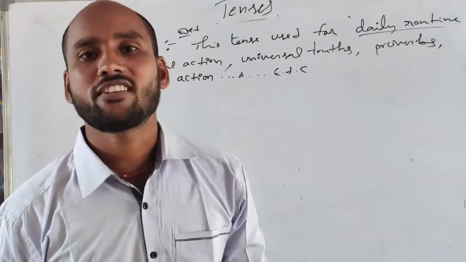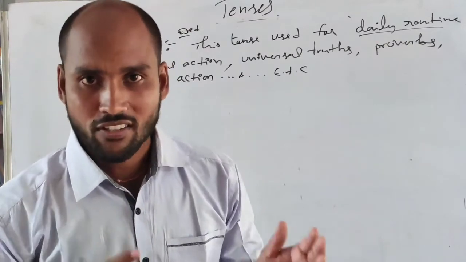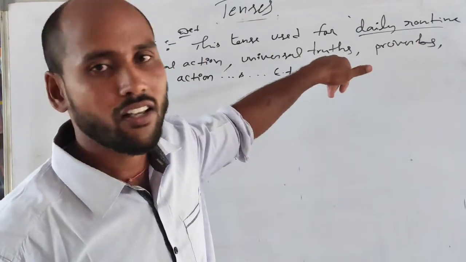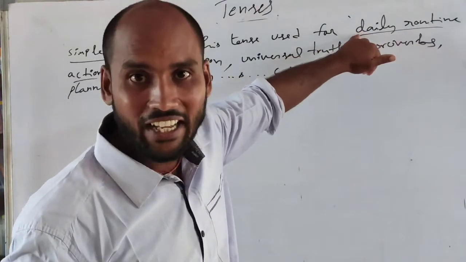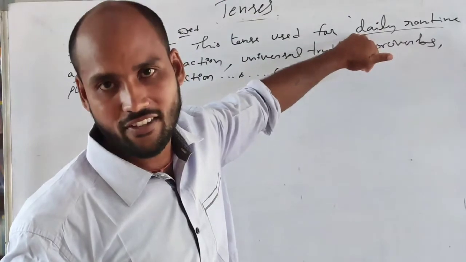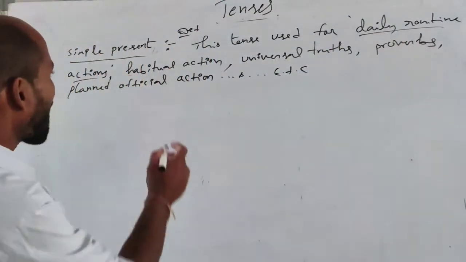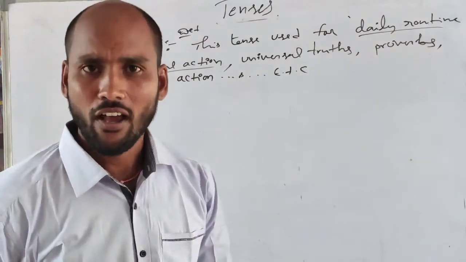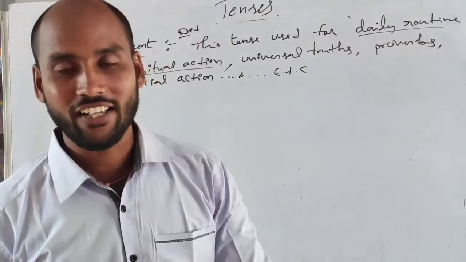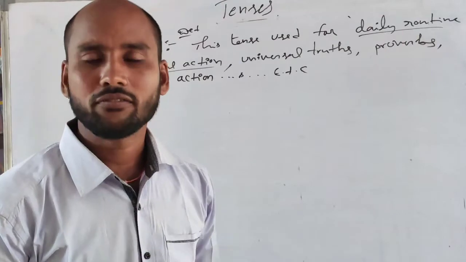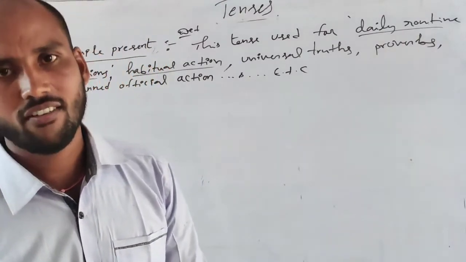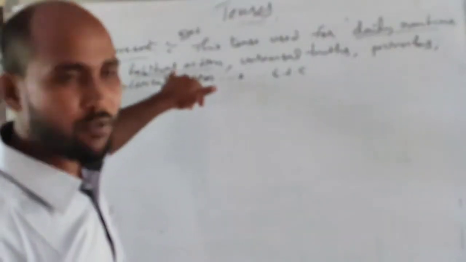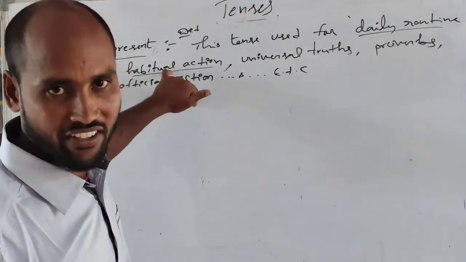Such types of sentences are formed only in simple present tense. And also habitual actions. Habitual actions are: I play cricket daily. I go to college regularly. Those are sentence examples of habitual actions.